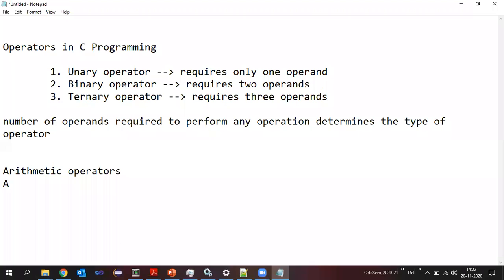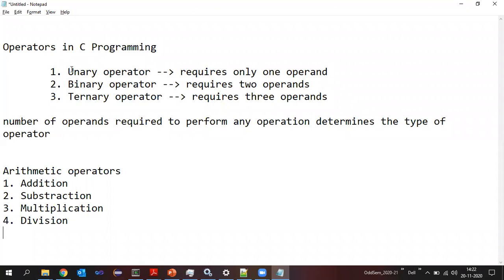Arithmetic operators are addition, subtraction, multiplication, and division. Is there anything apart from these? There is one more operator. If you remember the YouTube videos which I have uploaded, I will give you a hint.